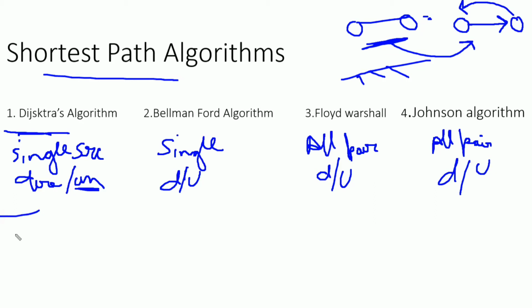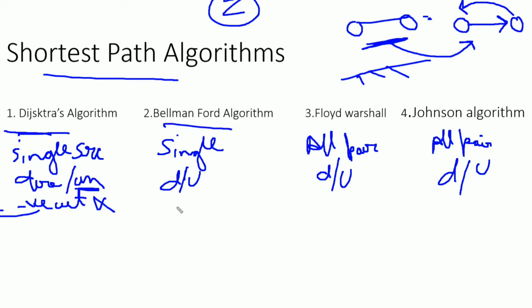Now, Dijkstra algorithm does not perform when there is a negative weight edge. Suppose this is a graph, and in this graph there is an edge having negative weight. In that case, the Dijkstra algorithm will not work. For negative weight edges, the Dijkstra algorithm will not work.